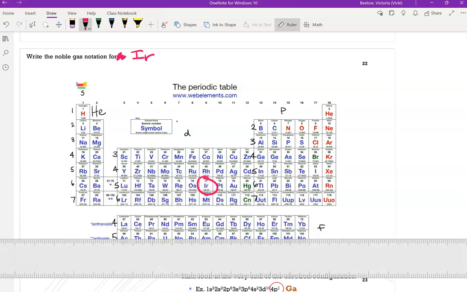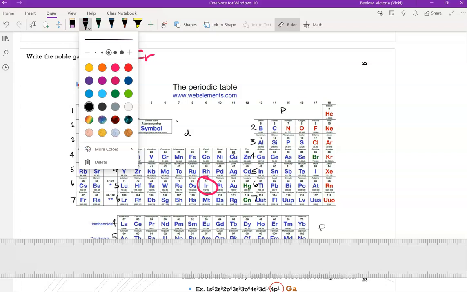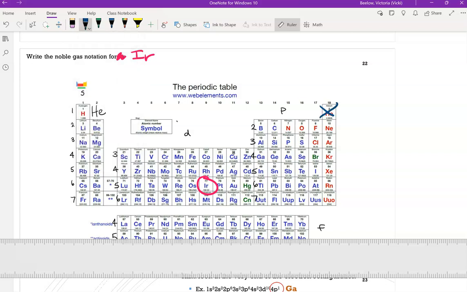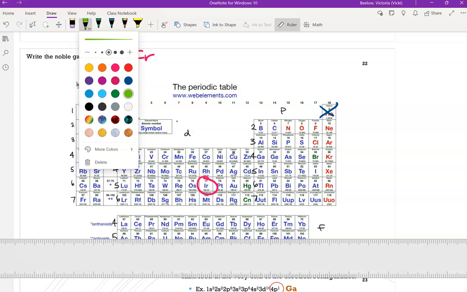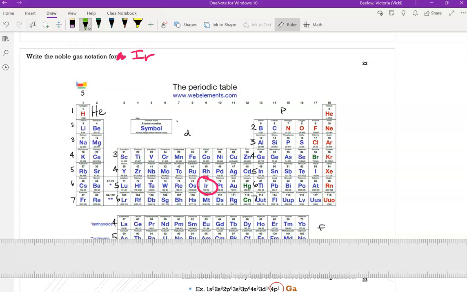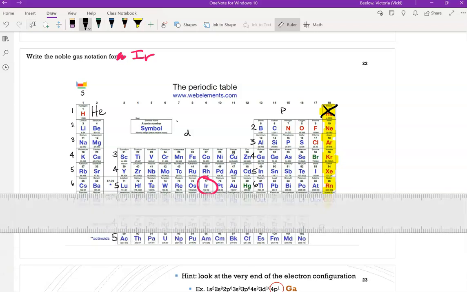Again, we're going to look for the noble gas that comes before iridium. Just going to cross this off. Here are the noble gases. Iridium is here, so I'm going to look for the one that comes before it.